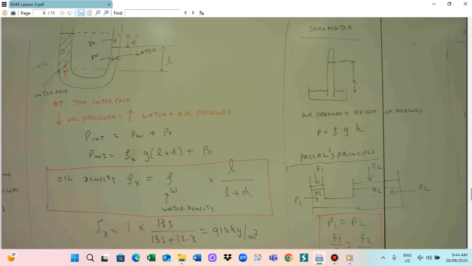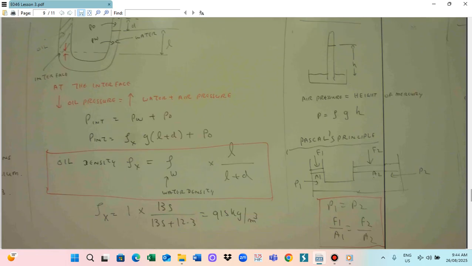So the oil density rho A is equal to the water density times (A plus D) divided by A. Water density is 1, A is 135, and D is 12.3. Therefore rho A can be calculated as 915 kilograms per cubic meter. So the oil density can be calculated by this formula.